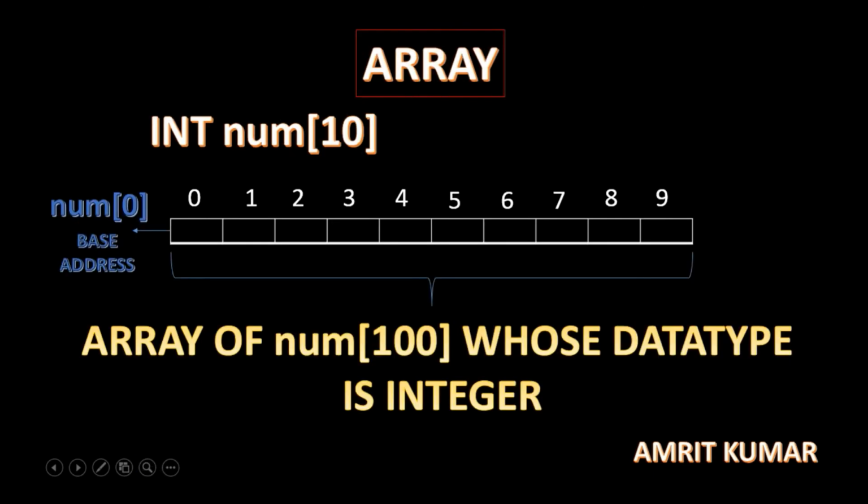Now let's elaborate the syntax with the example that I have taken. You can see with the graphics what happens in the RAM and how the num variable is going to convert into an array containing 10 blocks of data of similar data type.